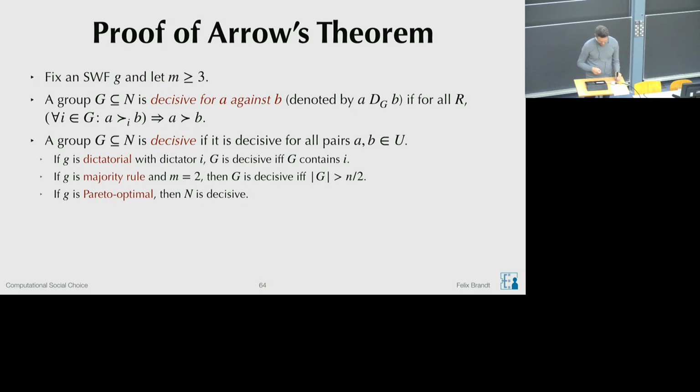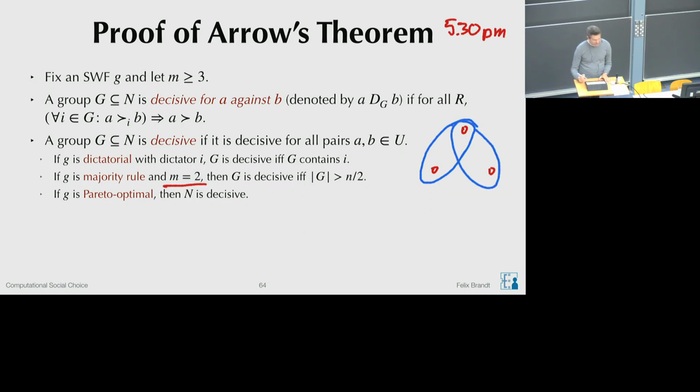Maybe here we can draw a little figure. If we have majority rule, for instance, and let's emphasize that majority rule is only defined for two alternatives, which I said at the beginning of the course. But if we have only two alternatives, and let's say 3 voters, these 3 dots here are the 3 voters, then the decisive groups, if we have majority rule, would be this here, because it's a majority, and that here, because it's another majority.